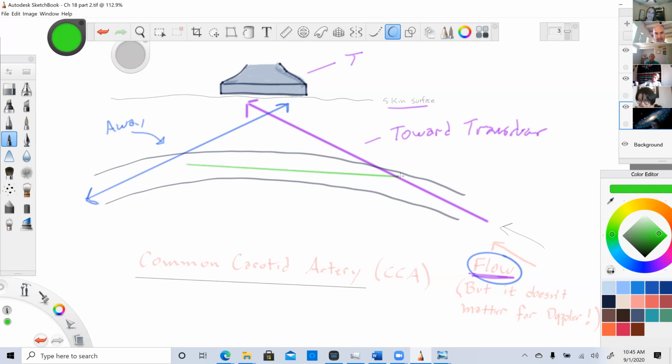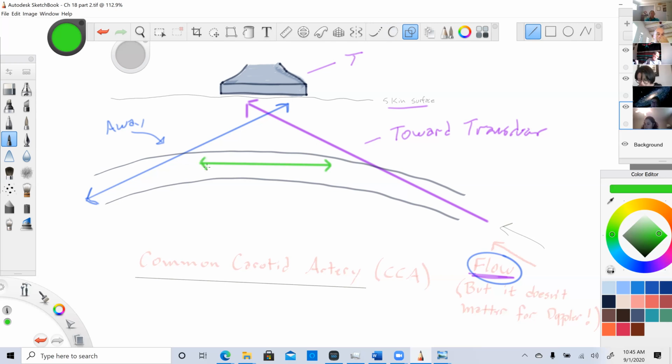This vector from this point, let's make that perfect. This vector is neither towards nor is it away from the transducer.